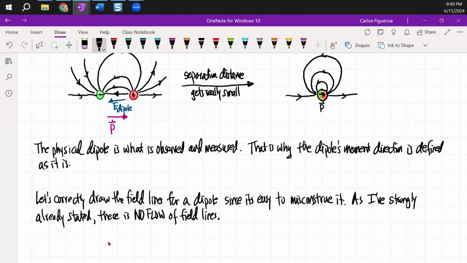Even though the sketch might appear to give you that impression, that is not what is happening.